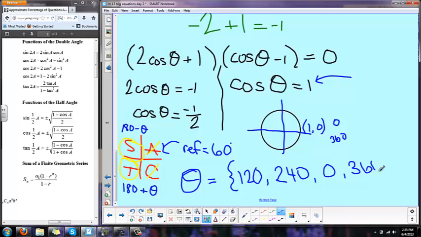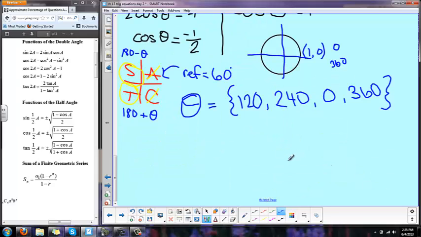Now, this is exactly why I say go back and reread the question at the end, because going up to the top was able to remind us that, alright, we don't want theta in degrees, we want theta in terms of radians. So I'm going to have to convert every single one of these. So, in order to convert degrees to radians, you multiply by pi over 180.